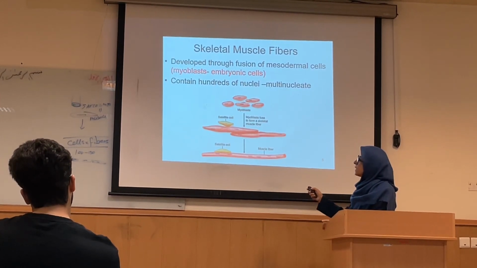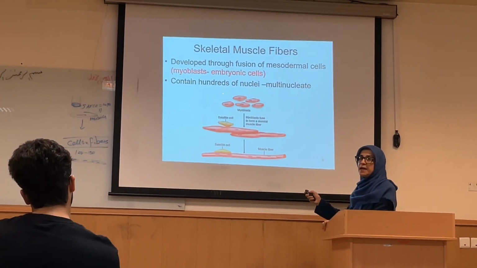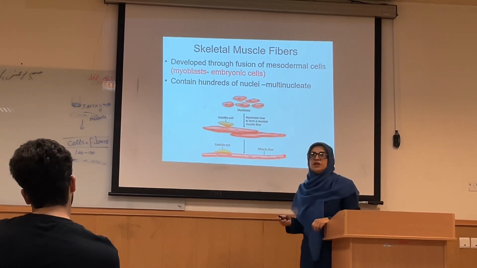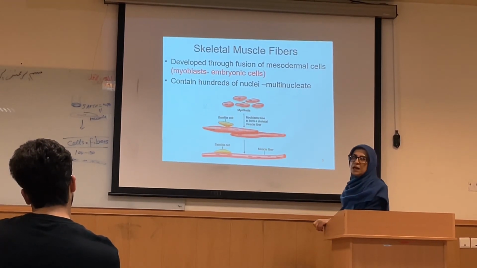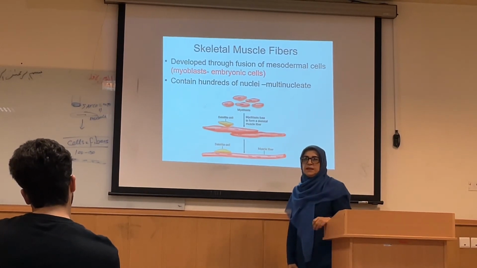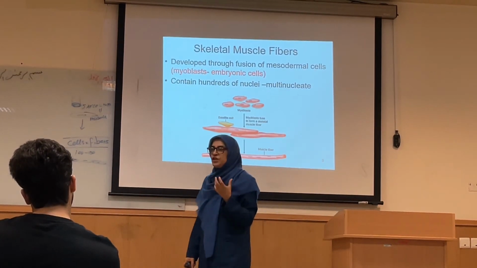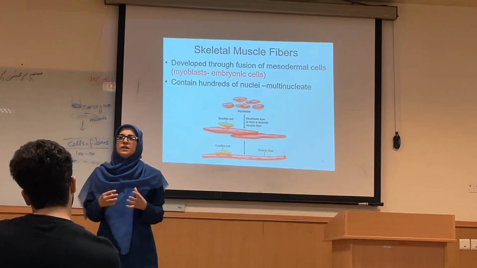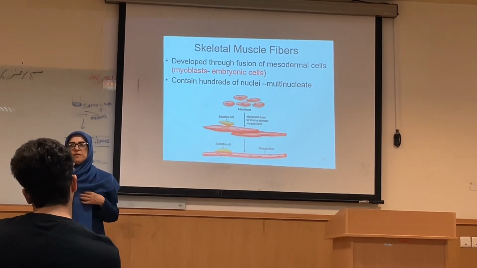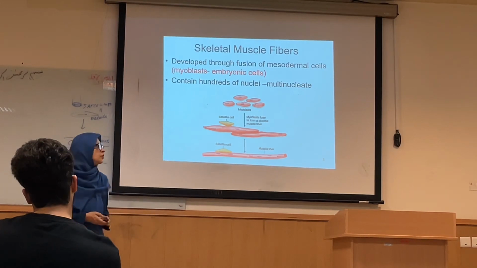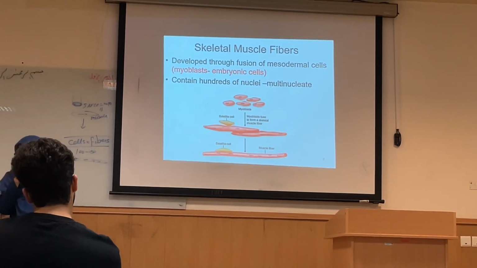Some of the myoblast cells remain as undifferentiated cells. We name them satellite cells. When the muscle tissue is damaged, they are activated by some factors and can differentiate into muscle cells.